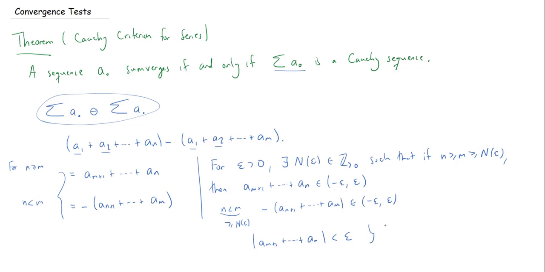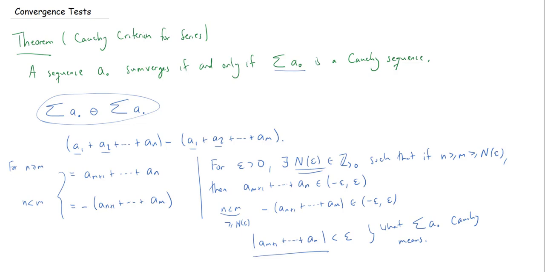Okay, so this is what this being Cauchy means. All such expressions have absolute value less than epsilon as long as you go into a tail, if you go out far enough. Okay, all right, so that can be some useful bit there.